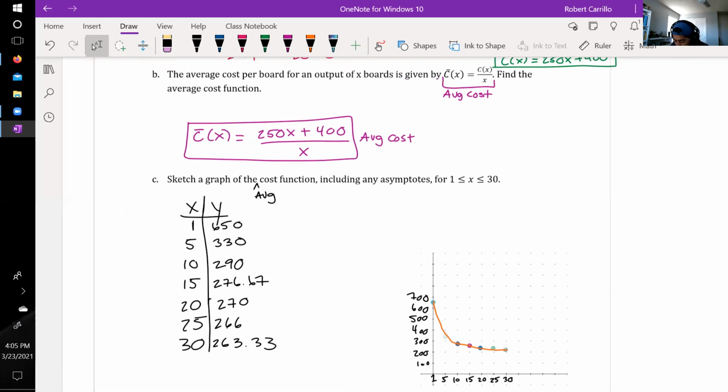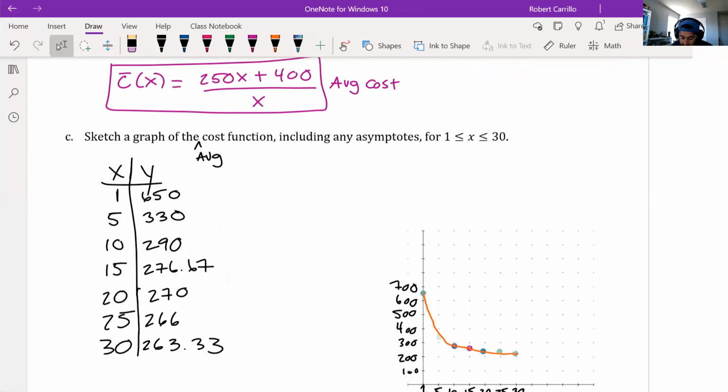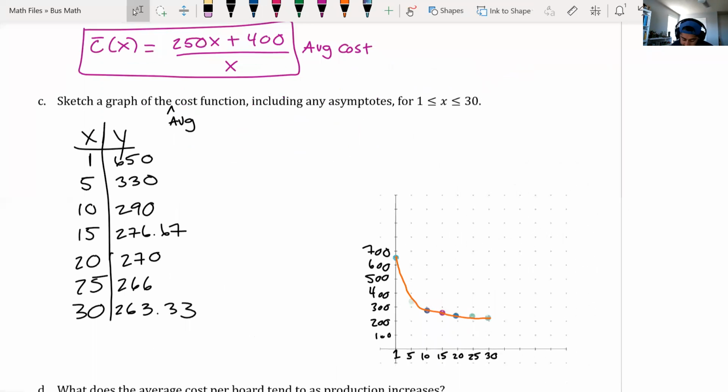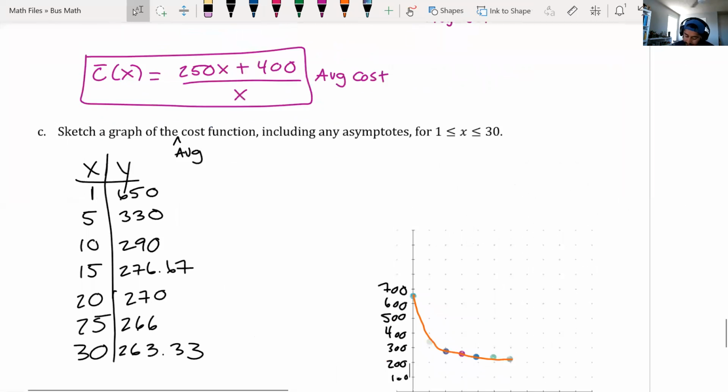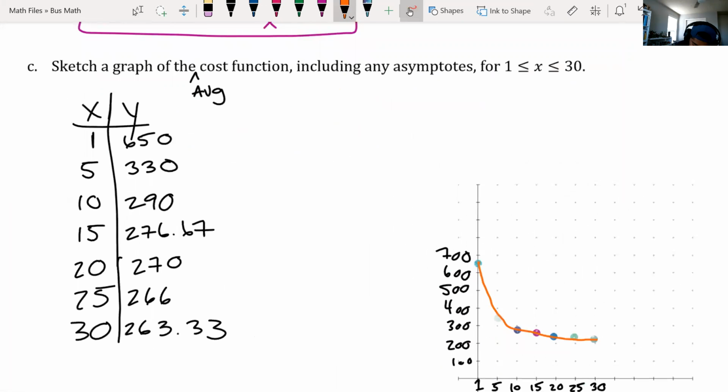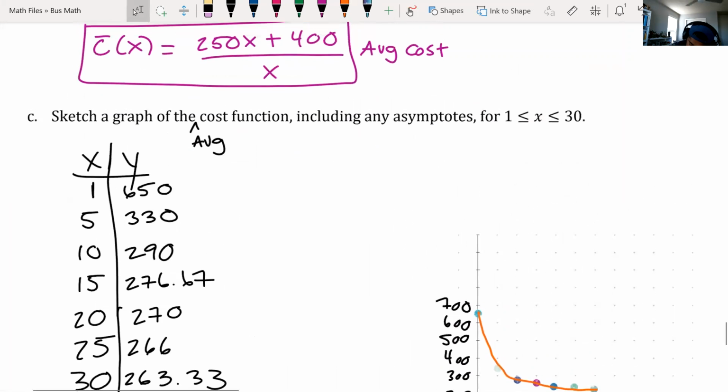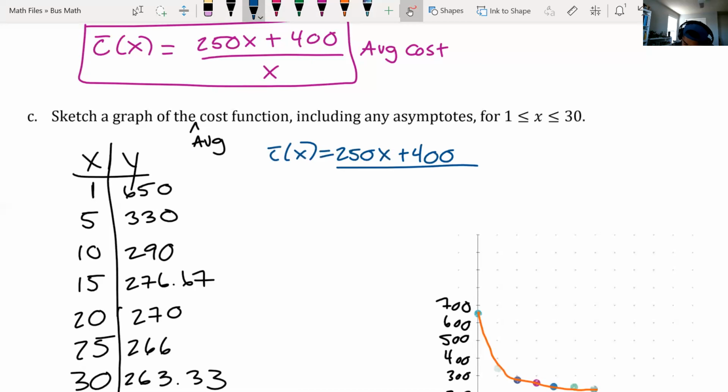So this said include any asymptotes. So if we look at our average cost function, which I'll rewrite right here, C bar of x equals 250x plus 400 over x.